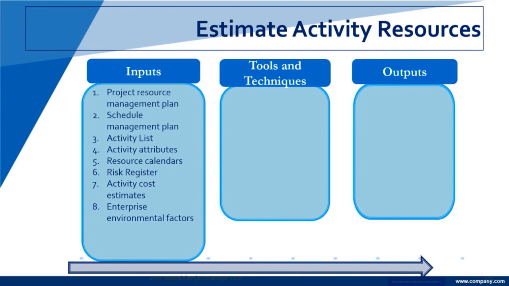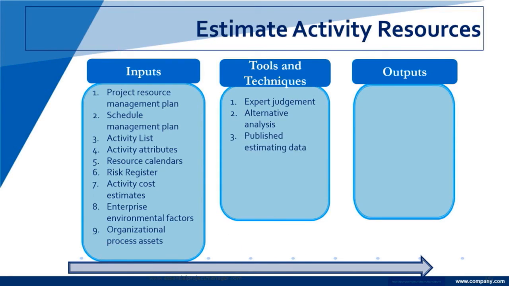We have enterprise environmental factors and our organizational process assets. Our tools and techniques include our expert judgment, alternative analysis, published estimating data. A lot of times we understand things because things have been published, either internally or externally, from government sources, from industry sources.